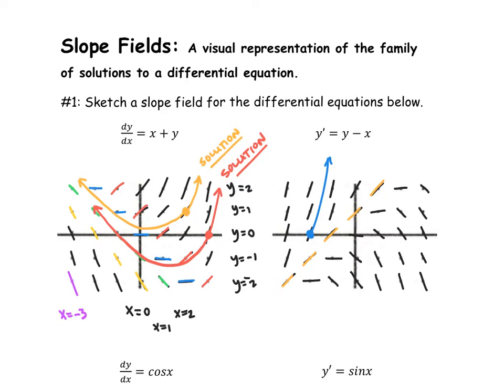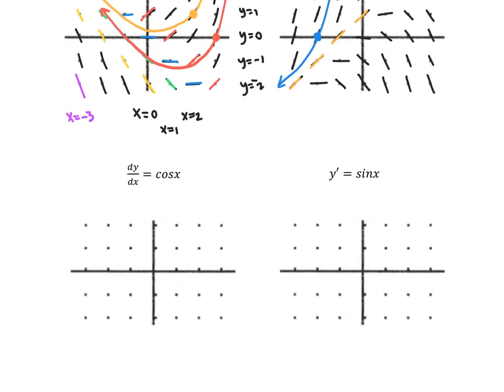Would look probably something like this. Okay, there's one of our solution curves. We could draw many of them, okay? But this is the process of slope fields. It helps us to visualize the family of possible solutions to a differential equation. Let's continue with a couple more down below.